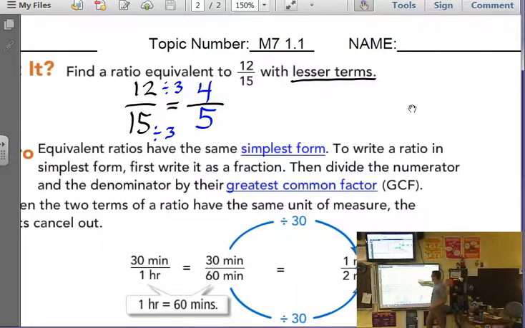If I wanted to find just any equivalent terms, I could start with my lowest value and just start multiplying. So if I multiply by 2, I'd get 8/10. So wait a minute. Isn't this an equivalent fraction with lesser terms?